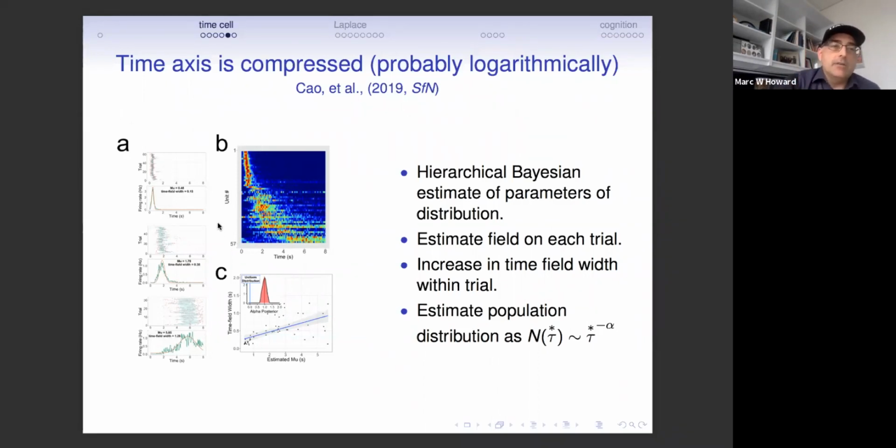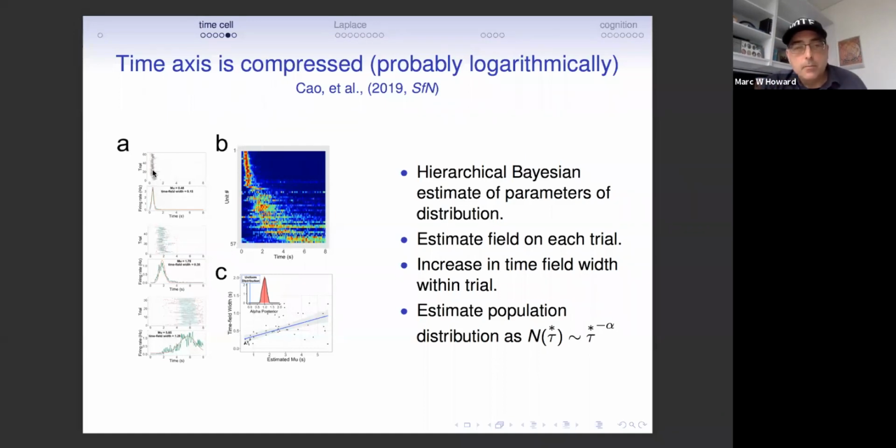Okay, and so you can see 3 example cells, much like the ones I showed earlier from Chris McDonald, with this fit taking place, and you can see the little squiggly lines. The width of the receptive field is now estimated within trial, and we can separate that out from the across trial variability.